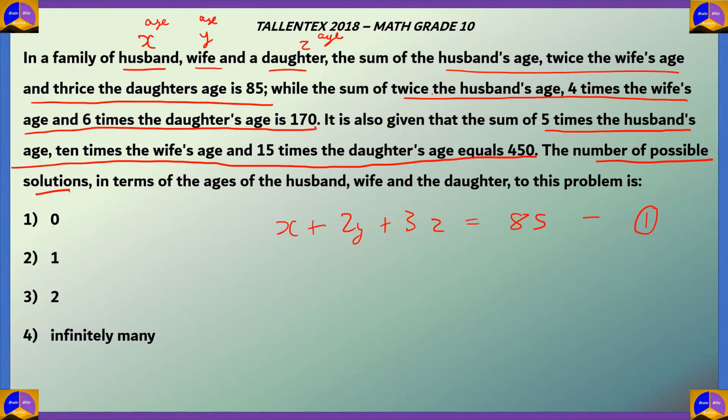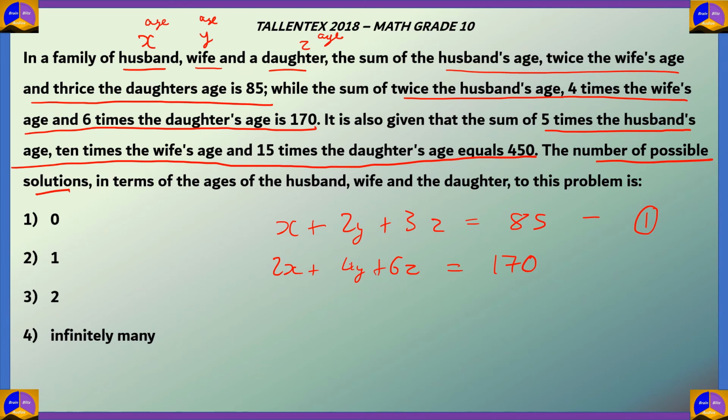Now let's look at the next line. Twice the husband's age plus 4 times the wife's age plus 6 times the daughter's age is 170. So that means we get 2x plus 4y plus 6z equals 170.